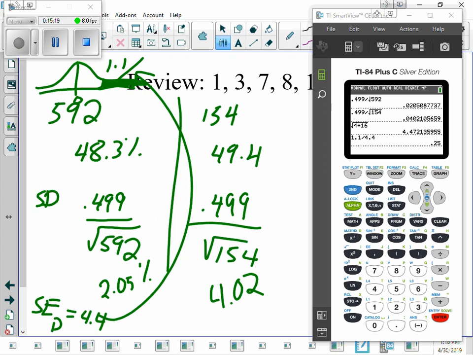So we accept the null and we say this particular program did not help, which is really sad. I mean, you hope that it would, and maybe there was something wrong with the program. I don't know. But there is no statistical difference between the control and the treatment.